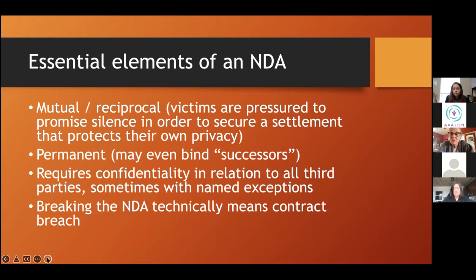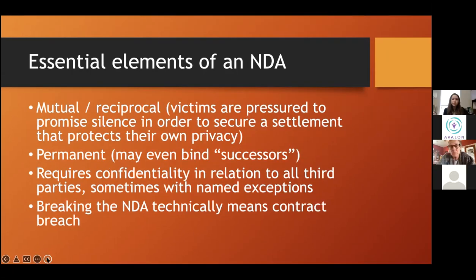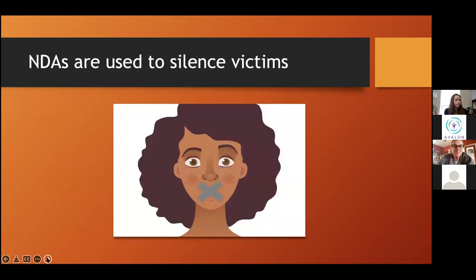In other words, all those other people who now don't know about this perpetrator because it's been hidden. Or the public interest. And I don't know a single NDA in this area in relation to covering up sexual violence and sexual misconduct that could possibly pass that test. So that's the way the legislation is structured.